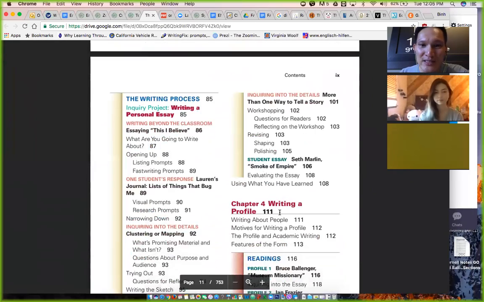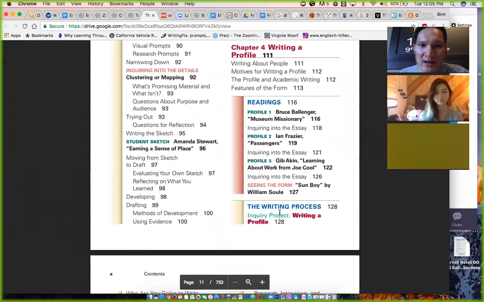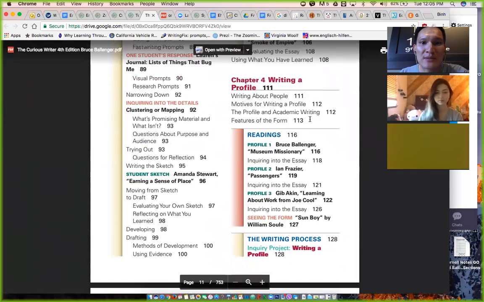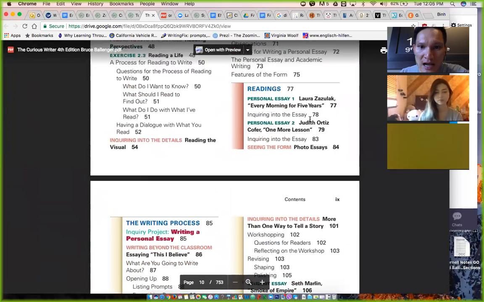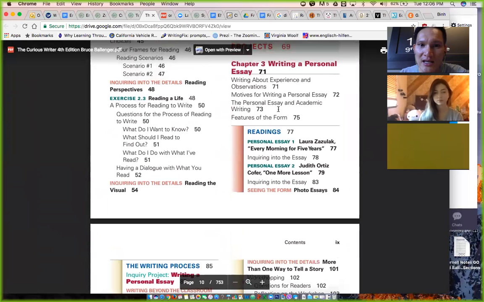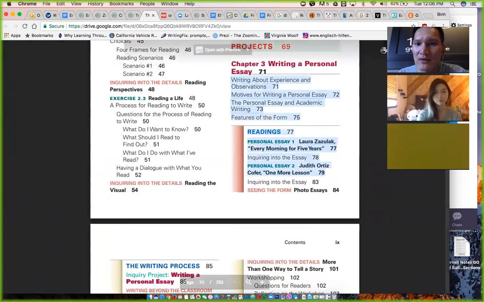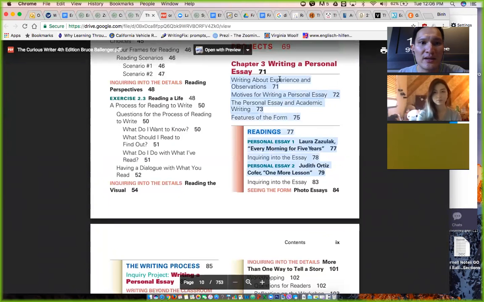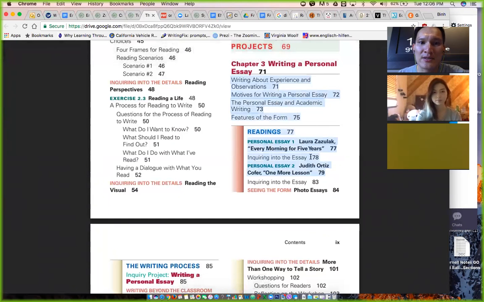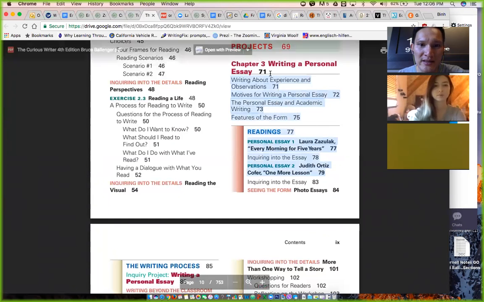If printing it out works, then go ahead and print it out and read it. This chapter teaches us how to write the personal essay based on the inquiry-based approach. You probably have written a personal essay before, but you probably haven't done a personal essay using inquiry.